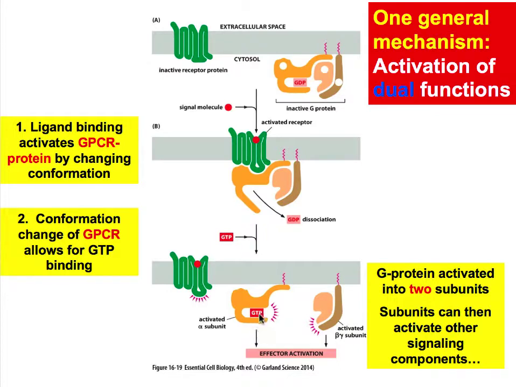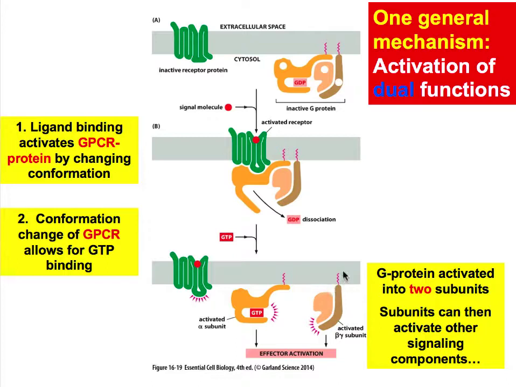And the GTP binding to the alpha subunit causes it to change shape drastically, pushing away its beta and gamma subunits. And that, in most cases, will activate both. Now, you can see here that the alpha subunit is tethered to the membrane, so it is restricted to this vicinity of its cytosol.